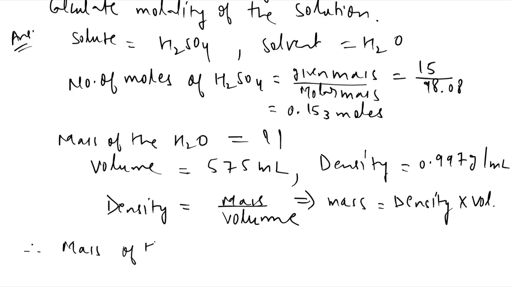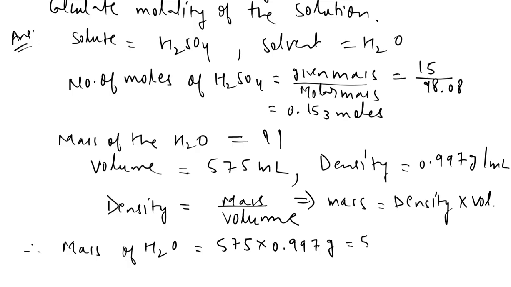Okay, therefore mass of water in this particular case, this will be 575 multiplied by 0.997 gram. But we need it in kg, right? So we have to divide it by 1000.